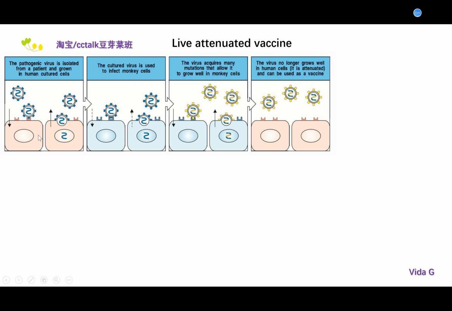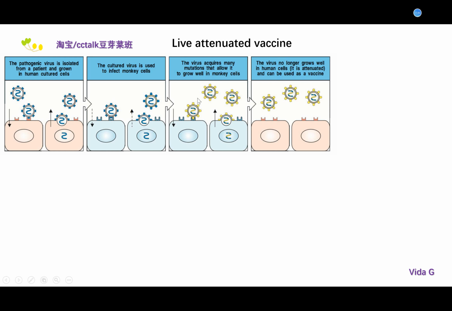And then we will get a large amount of pathogenic virus. And then we transfer those viruses into monkey cell cultures. The virus which grows really well in human cells will not grow well in monkey cells. But in order for the virus to grow well in monkey cells, the virus acquires many mutations that allow it to grow well in monkey cells.